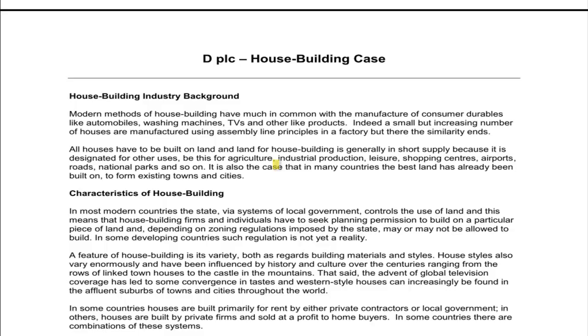What we're going to do is work through page by page. I'm going to do about a page to two pages on each video, and we'll work it through section by section. As we go through, we're going to think about how each of the different elements of the case apply to the various business strategy models.